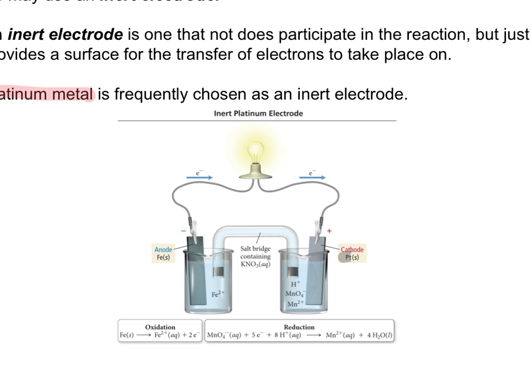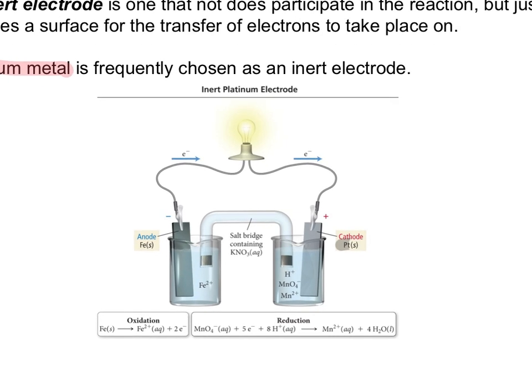It can transfer electrons, it can take them, whatever it needs to do, okay? So in that overall voltaic cell that I presented on the last slide, we had the iron as our oxidation half reaction, as our anode, but for our cathode, where we see MnO4 being reduced, that's going to be depicted by our platinum metal, because again, it's serving the purpose of just getting electrons into and out of the cell.